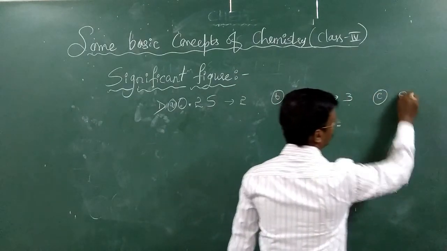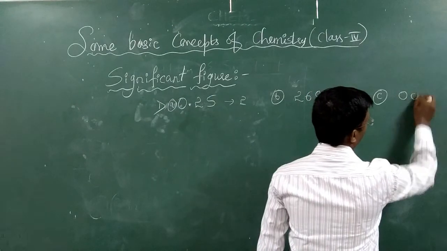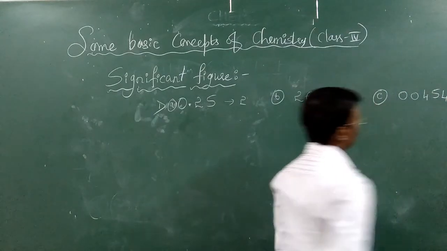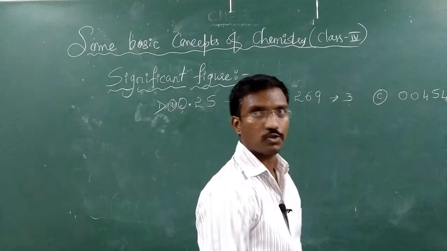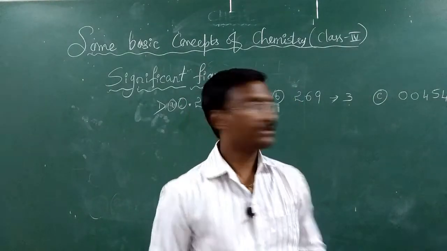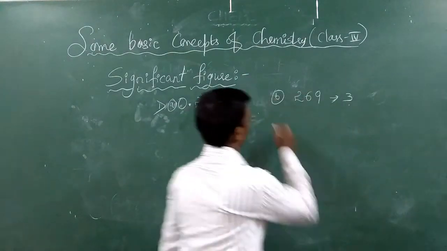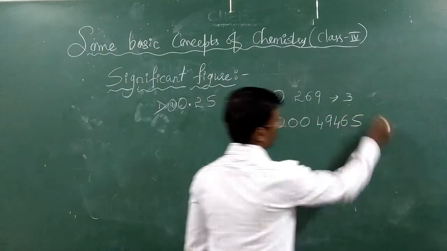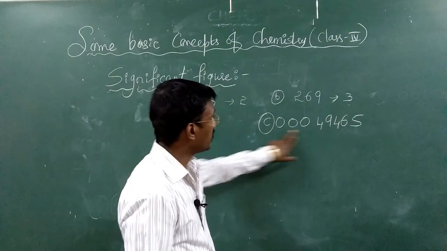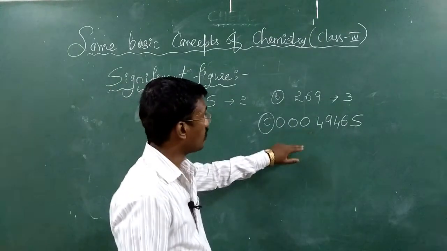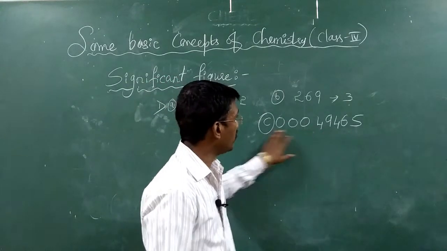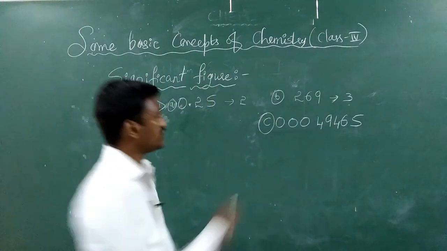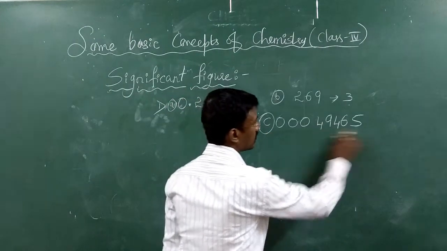For the third example, take 0004946. Look here: initially we have three zeros, and the non-zero digits begin from 4946. The leading zeros are not considered as significant figures; only the digits apart from those zeros are counted.